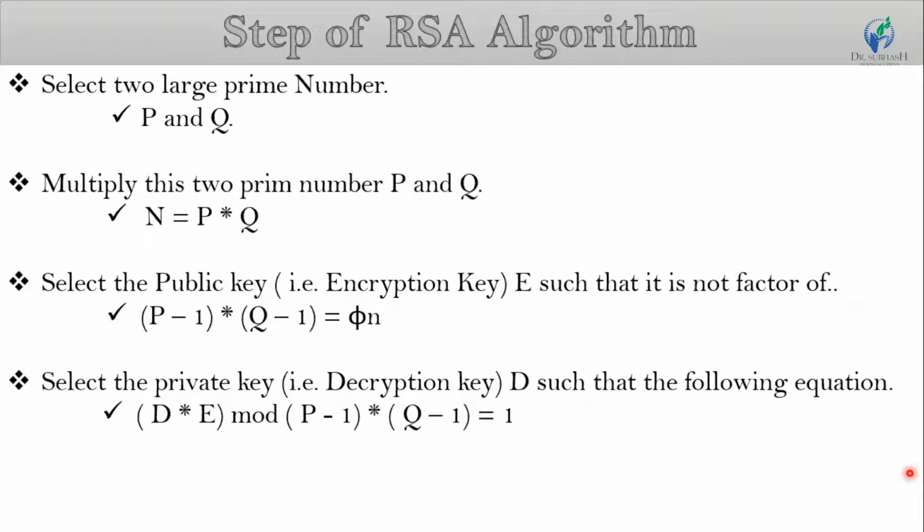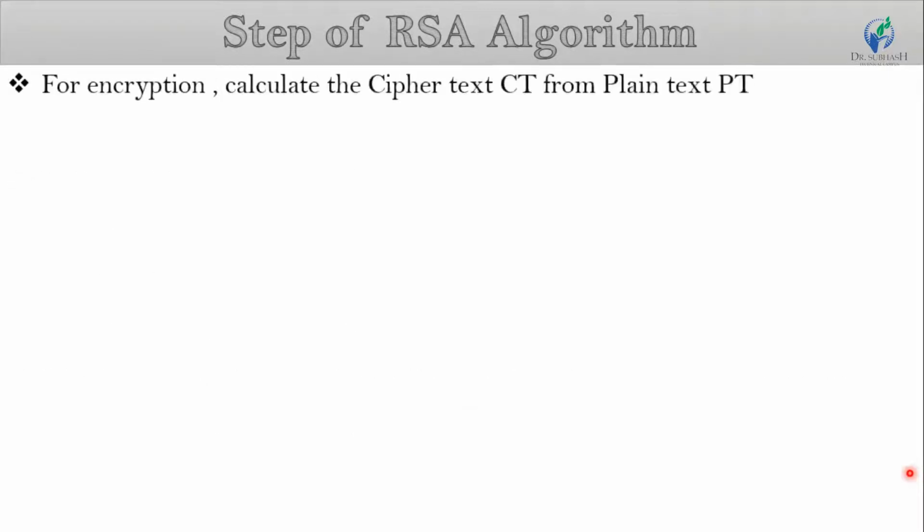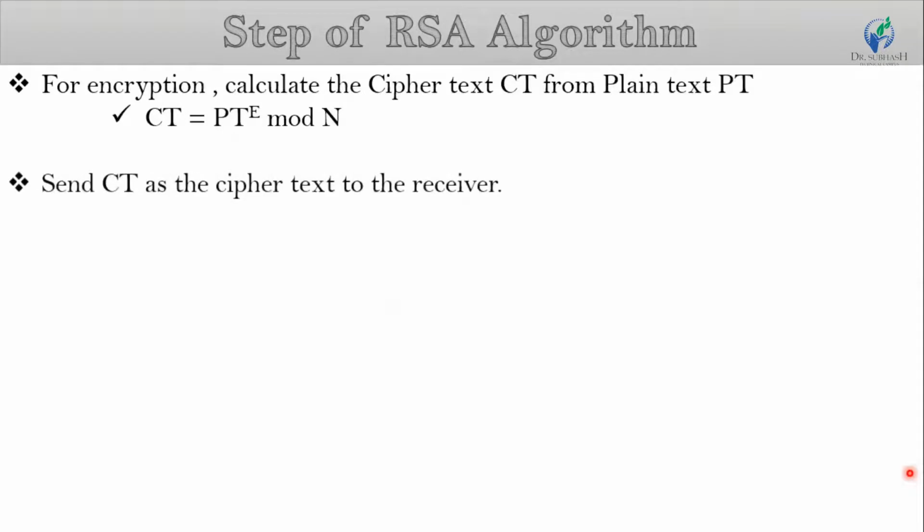Now in the next step, for encryption, we calculate the ciphertext CT from the plain text PT. For that, the equation is CT is equal to PT raised to E mod n. Now in the next step, we send CT as the ciphertext to the receiver.